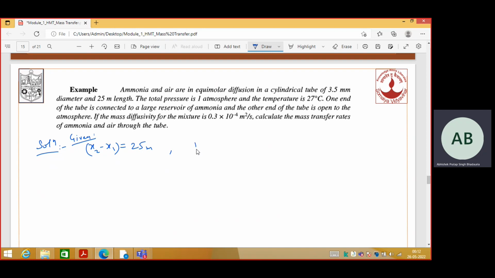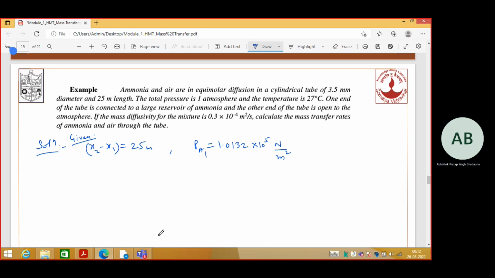Now Pa1 is equal to 1 atmosphere, so in Newton per meter square it will be 1.0132 into 10 to the power 5 Newton per meter square. This is PA1.